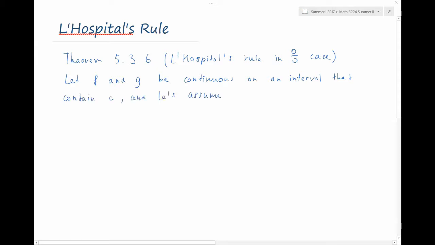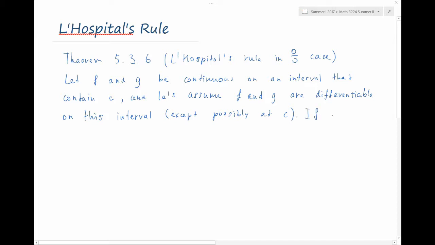Also, let's assume that both f and g are differentiable on this interval except possibly at c, and that both f and g converge to 0 as x converges to c.